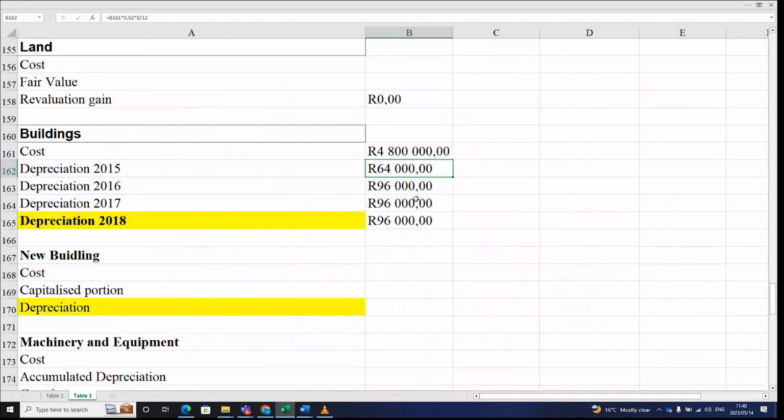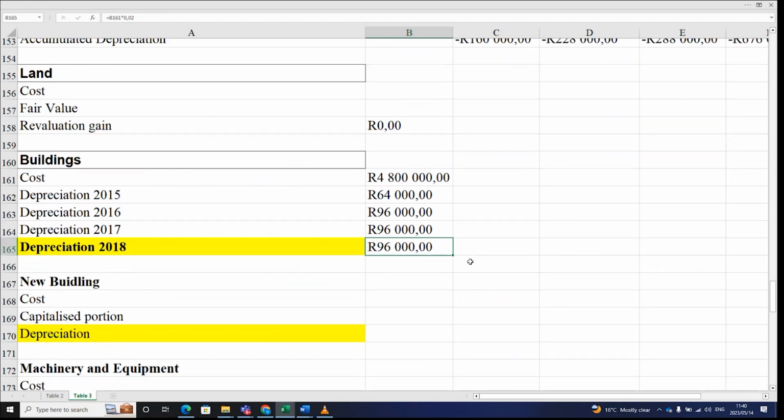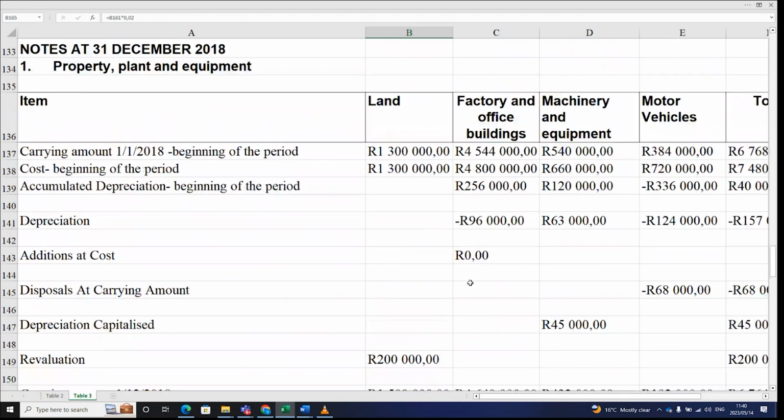Then the depreciation for 2016 took the cost multiplied by the 2% for the whole year, and then the depreciation for 2017 is 96,000 as well, right? And for the current year, this building was not disposed of or anything like that, so that comes up to 96,000 Rand.